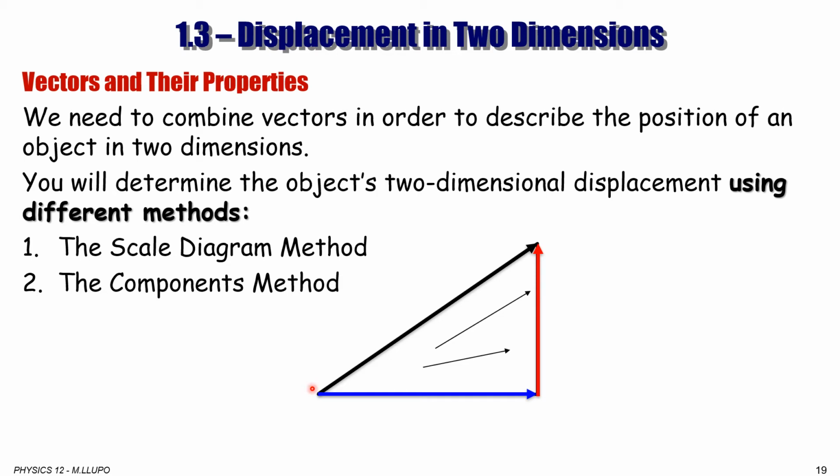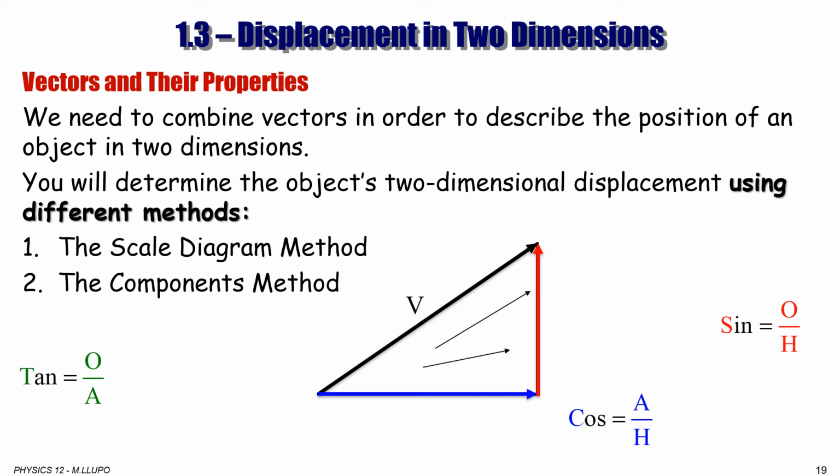This vector can be replaced by displacement delta d, or velocity, or forces in the future. Everything that applies to this vector applies to displacement, velocity, acceleration, or forces, because all of them are vector quantities. So I label the hypotenuse as a vector, v.